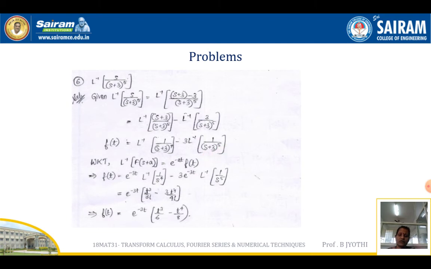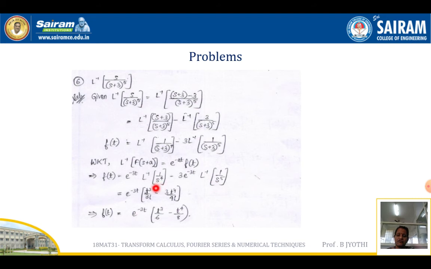Here 3 is taken outside. But we know that L inverse of f of s plus a is e power minus at into f of t. Therefore, f of t will be e power minus 3t into L inverse of 1 upon s power 4 minus 3 e power minus 3t into L inverse of 1 upon s power 5.